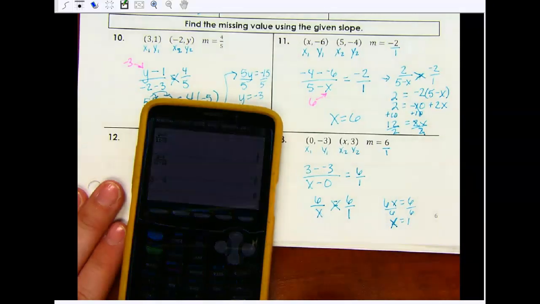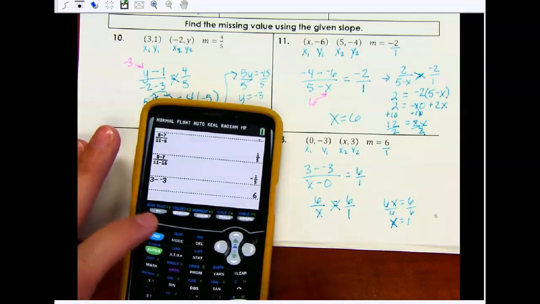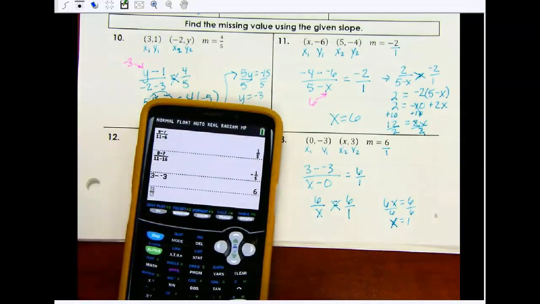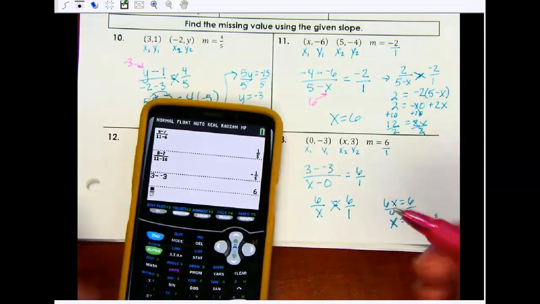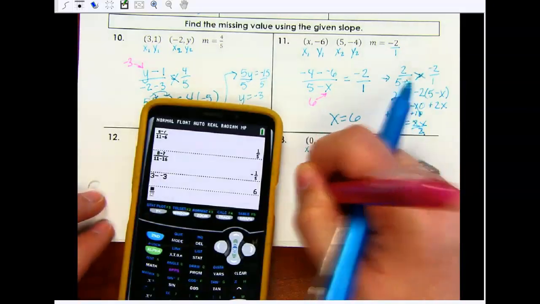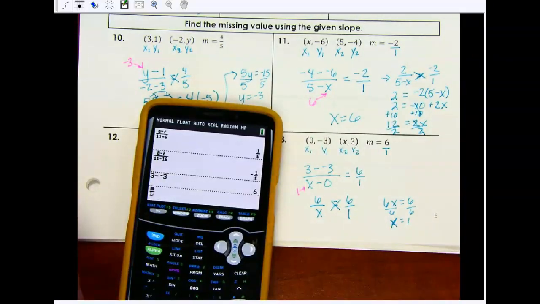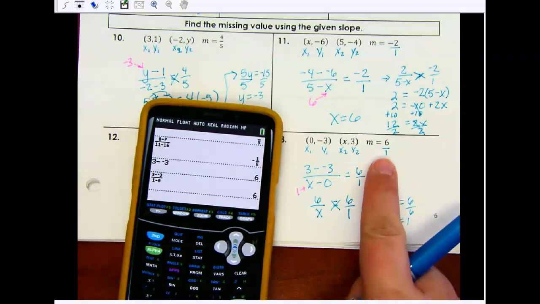So the answer is 1. And if we did that real quick in our calculator and put a 1 right there, we would have 3 minus negative 3 over 1 minus 0, which is 6, which is what we wanted.